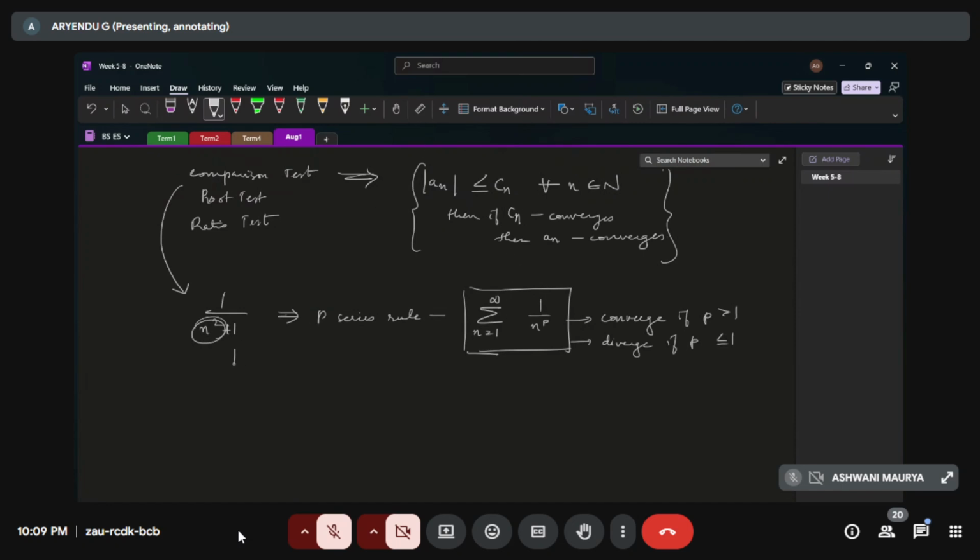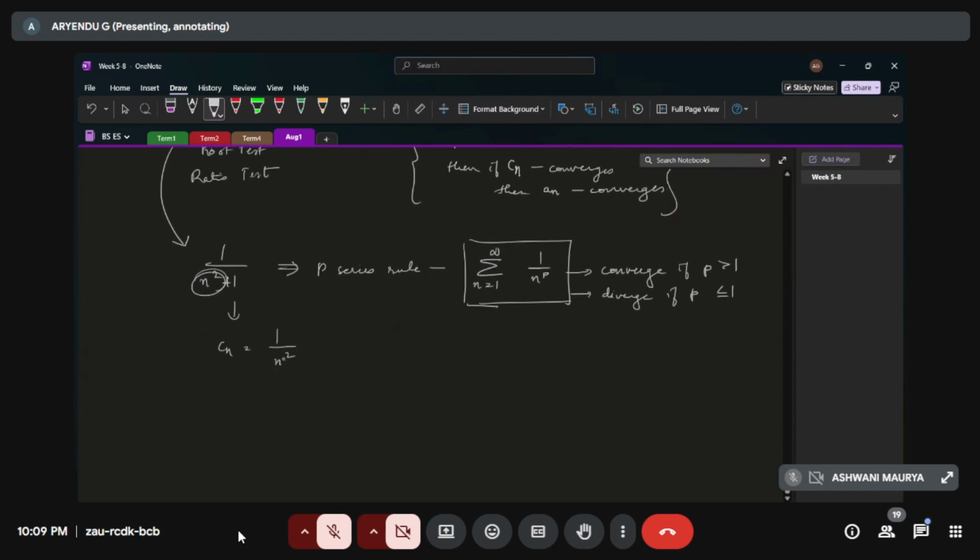So for this particular question, if we take a series c_n equal to 1 by n square, we can see that this is of the form of the p series. If we take sigma n is equal to 1 to infinity 1 by n square, we can see here that p is equal to 2, which is greater than 1.